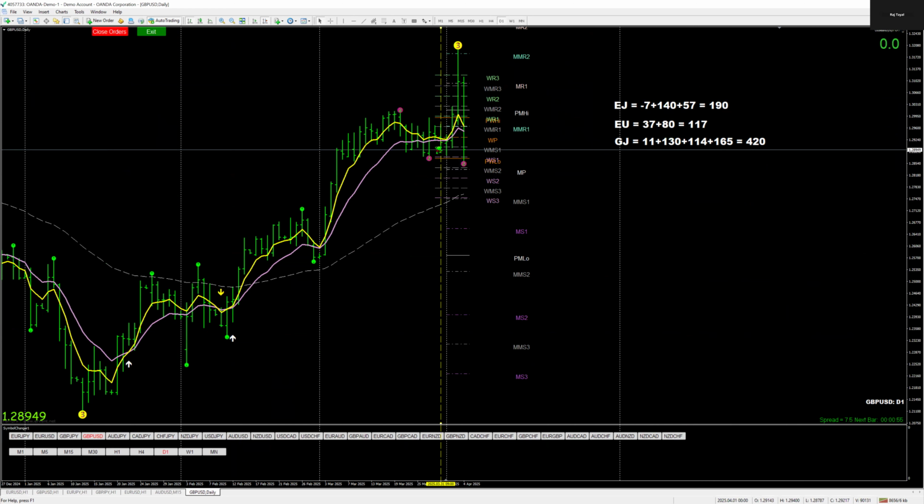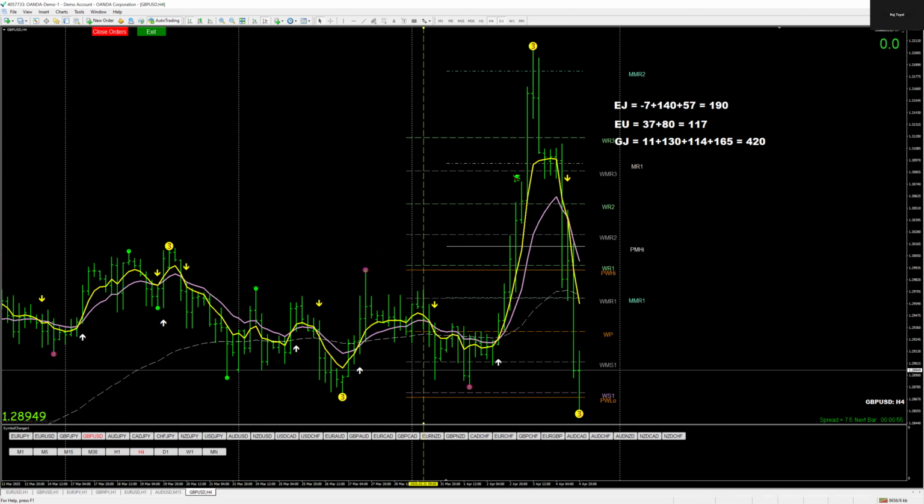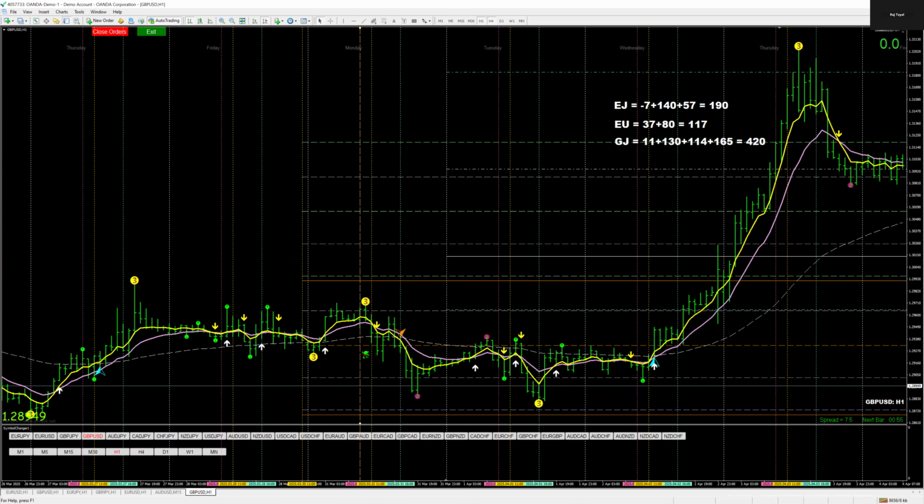Daily still bullish, right? 4-hour is also bullish. It's the middle of a retrace, so probably won't have a trade on this day. Let's look at the 1 hour. So there's no trade here, because the 1-hour cross has already happened.